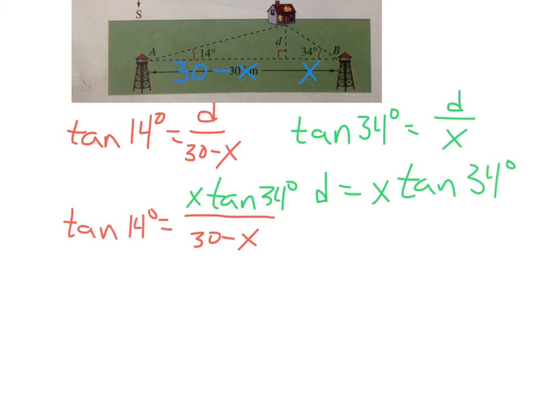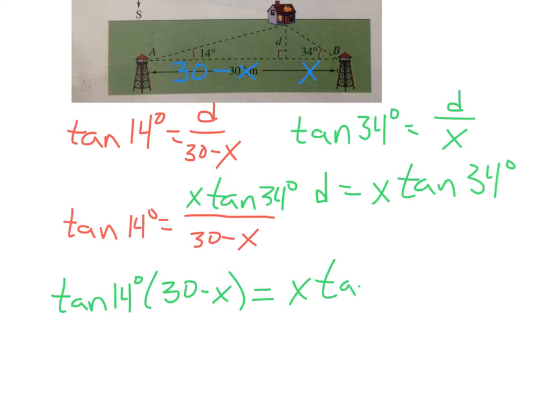What I'm going to do first is multiply both sides by 30 minus X. So then I'm going to have tangent of 14 degrees times 30 minus X. I'm going to leave that, not distribute it, and have that equal X times tangent of 34 degrees.